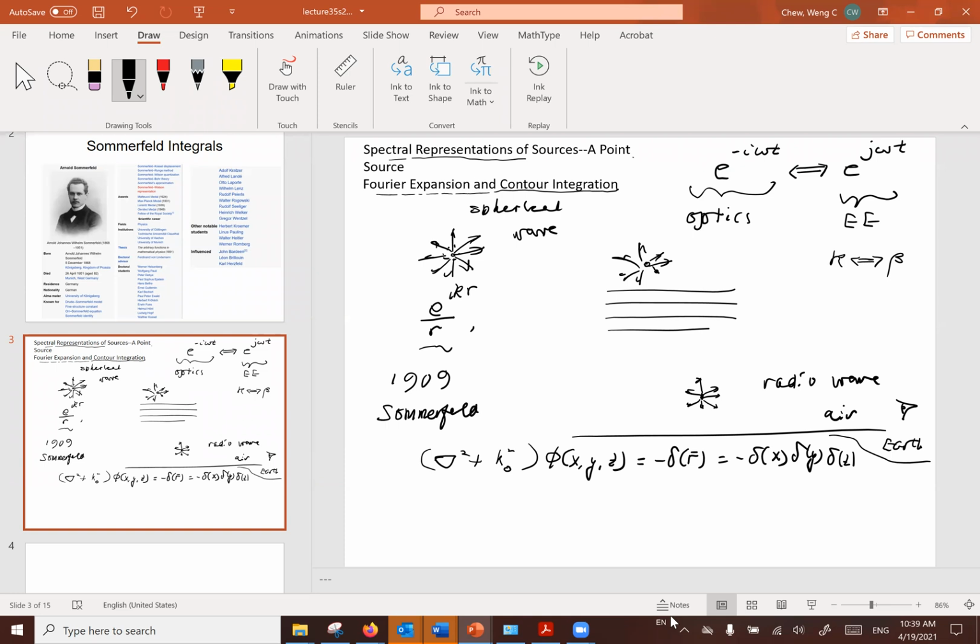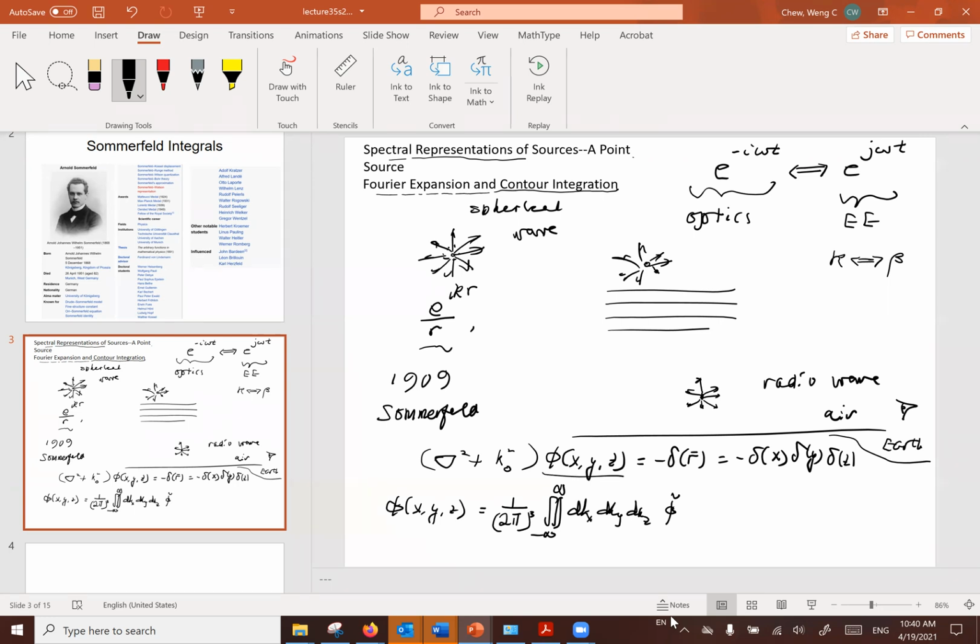Then we're going to Fourier transform this. That is, phi is Fourier transformable, and hence a Fourier transform representation exists, but it would be a 3D Fourier transform. So I have to write this thing in terms of a 3D Fourier transform, and then I would have something like dkx, dky, dkz, phi tilde.